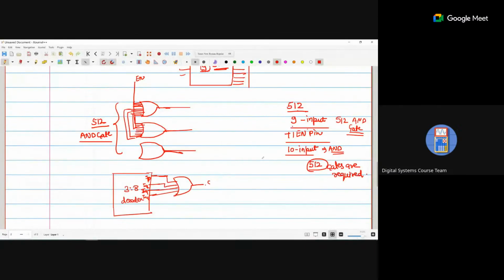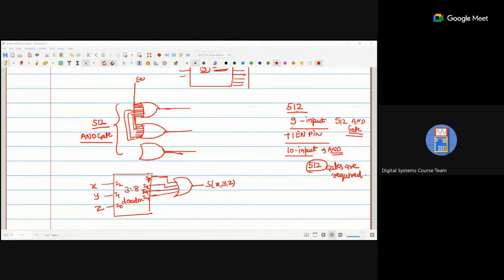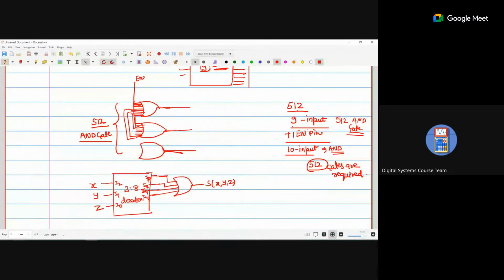The inputs are I2, I1, I0, that is X, Y, and Z. S of X, Y, Z. Okay, and similarly, we connect 3, 5, 6, 7, and we use one more OR gate to combine all of this.